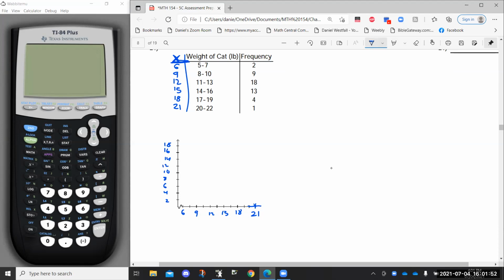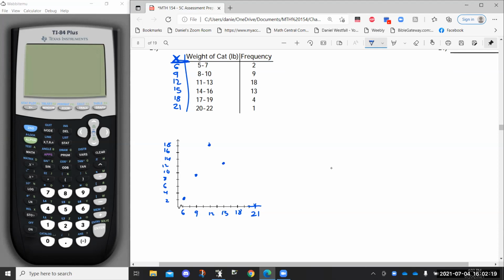So we're going to start 6, 2, 9. So 9 is going to be halfway between 8 and 10. Then 12, 18, all the way up here. Then we come back down to 13.